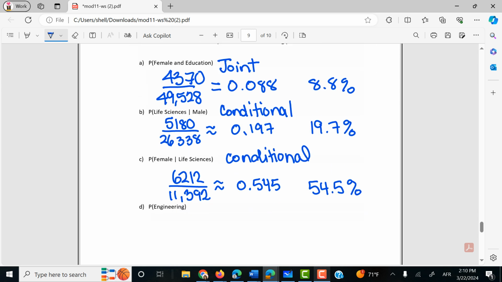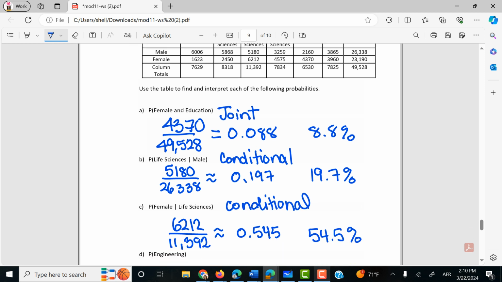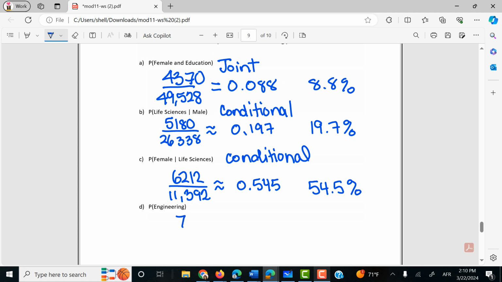Let's move on to the very last probability, the probability of engineering. There's no condition, so we don't cross anything out. We just want to know how many total students did engineering, not pinpointed to male or female, just engineering out of all the students. That is 7,629, all divided by 49,528, which is approximately 0.154, or 15.4%.